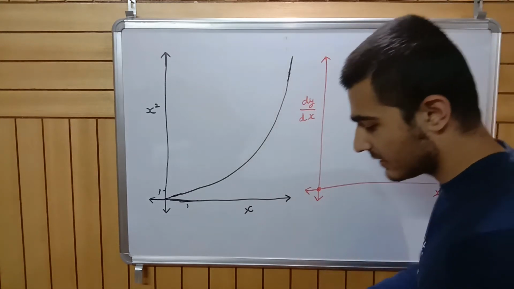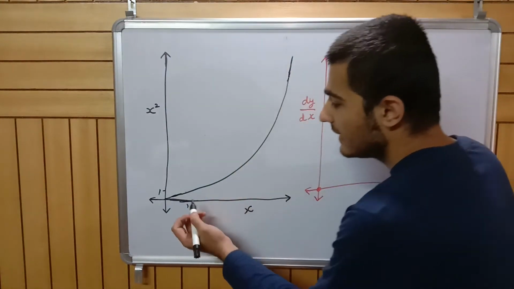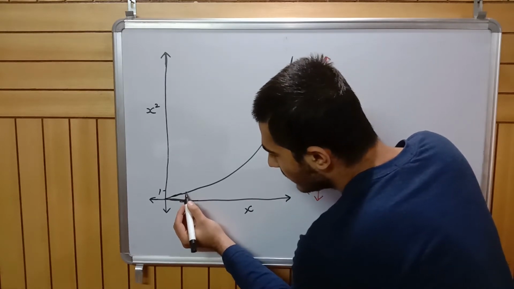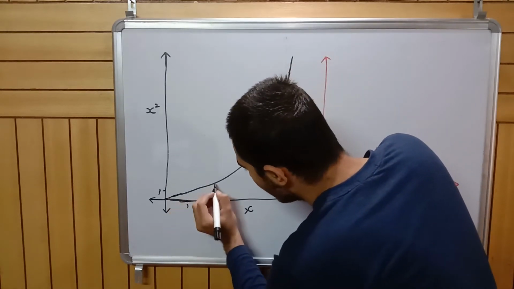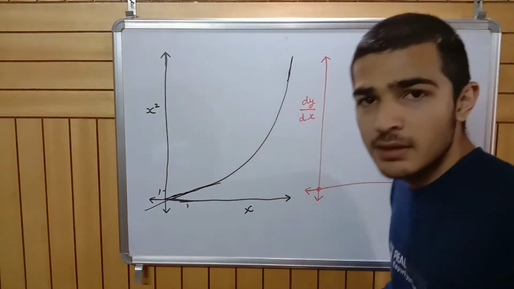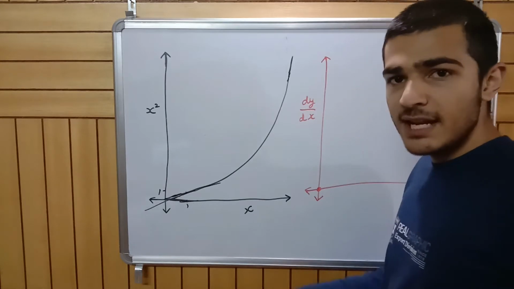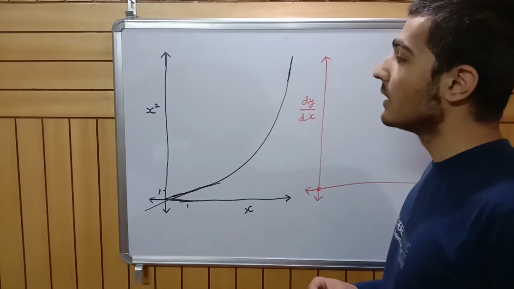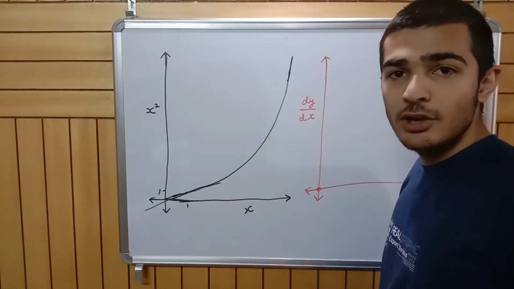Now let us take another point in this graph. Let's say I take x equals 1. If I draw my tangent and find the slope, I will get the derivative at that point. But how do I find the numeric value of that?